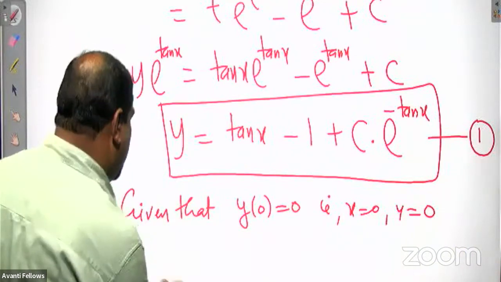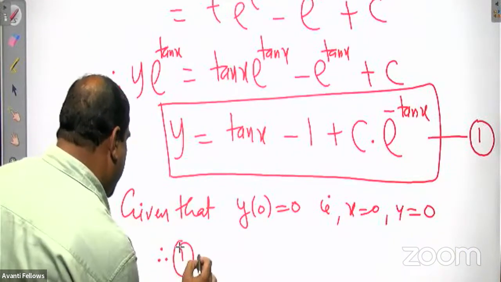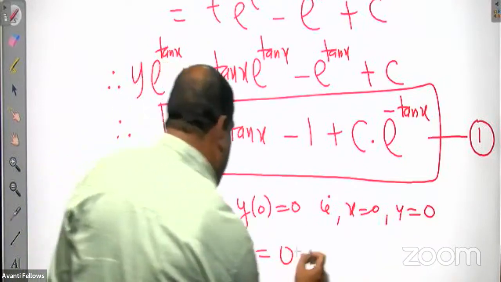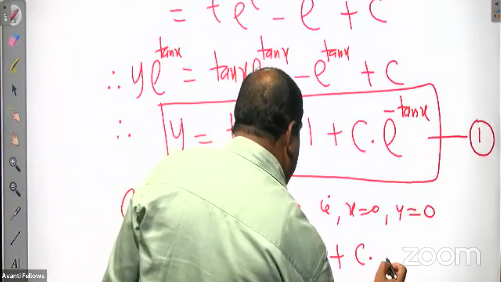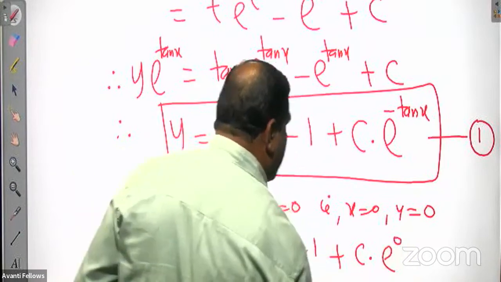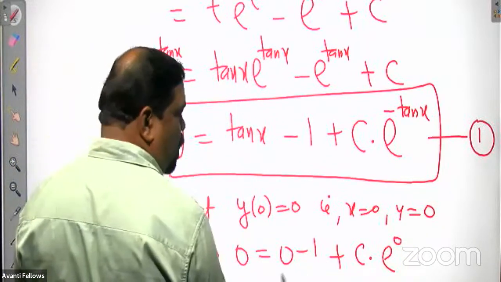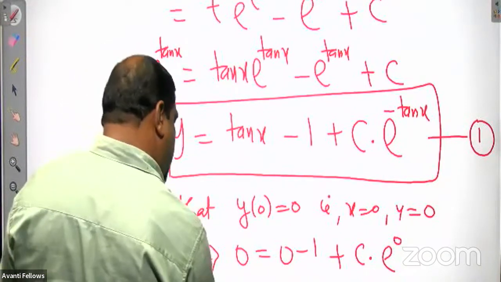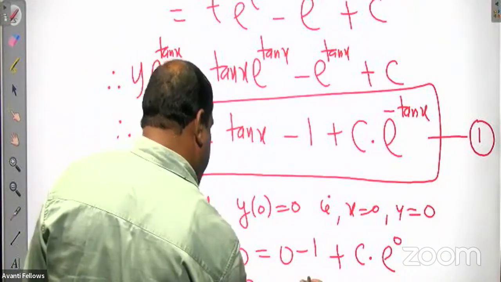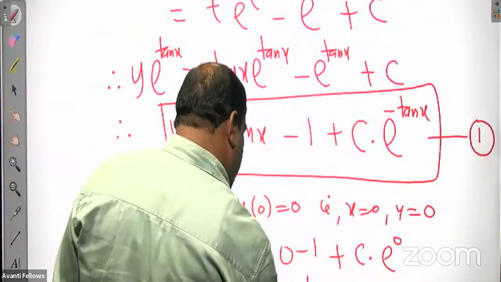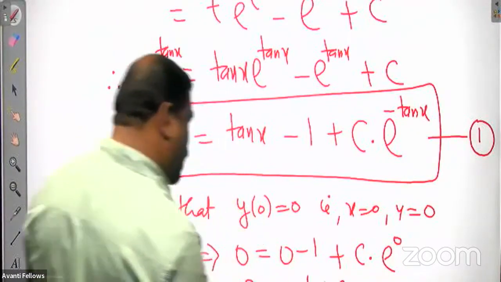The general solution gives 0 is equal to tan 0, which is 0, minus 1 plus c into e raised to 0. Tan 0 is 0. That means 0 is equal to minus 1 plus c into e raised to 0, which is 1. So minus 1 plus c equal to 0.